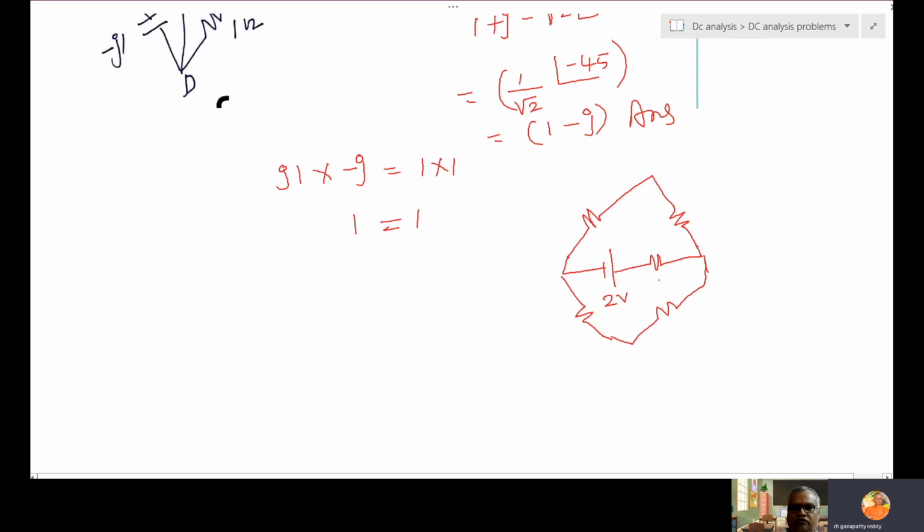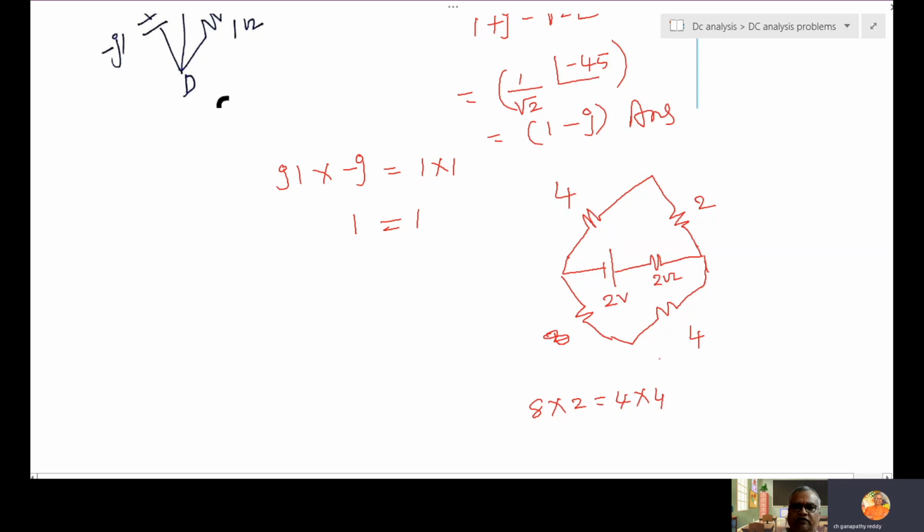So this is 2 volts, 2 ohms. This is 2, this is 2. This is 4, this is 4. Or I'll take 4 into 4, 16. This, let me take 8. So 8 into 2 equals 4 into 4, na?